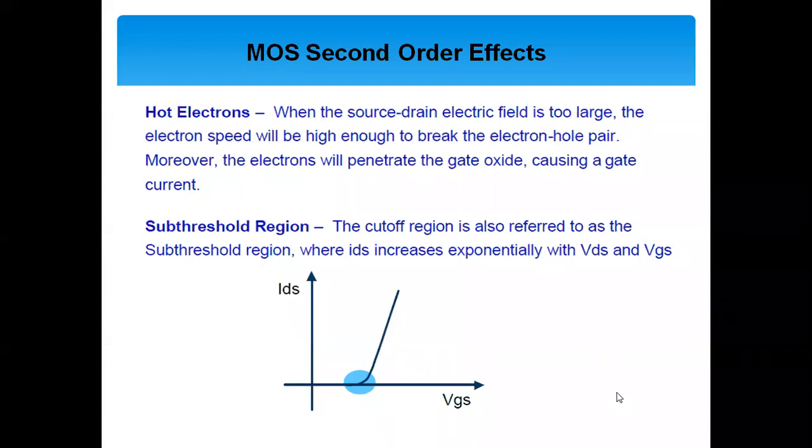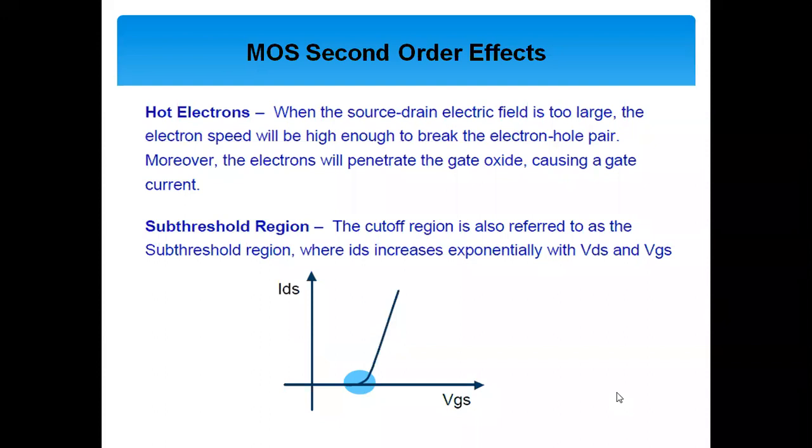What is this hot electron effect? When the drain-source electric field is too large, the electron speed will be high enough to break electron-hole pairs. Moreover, the electrons will penetrate into the gate oxide and contribute to the gate current. This effect is called the hot electron effect.